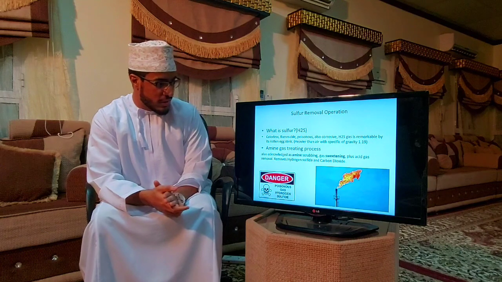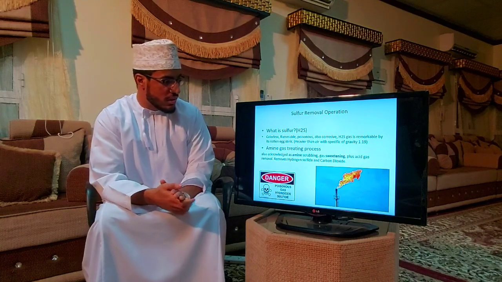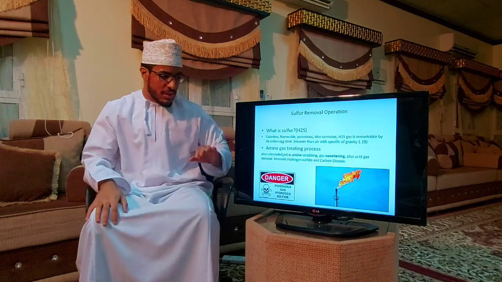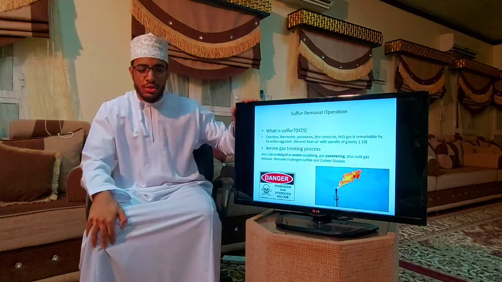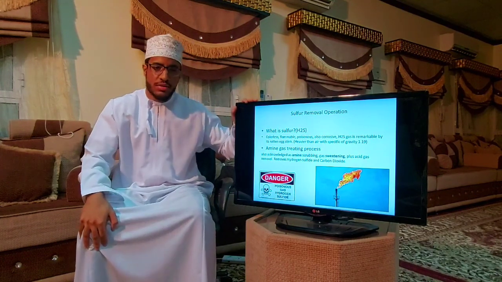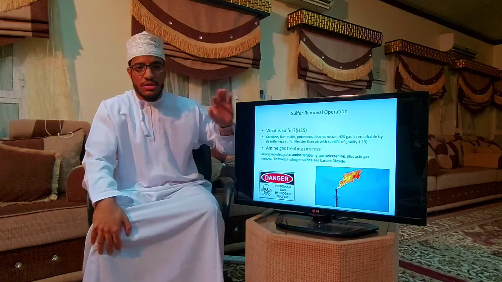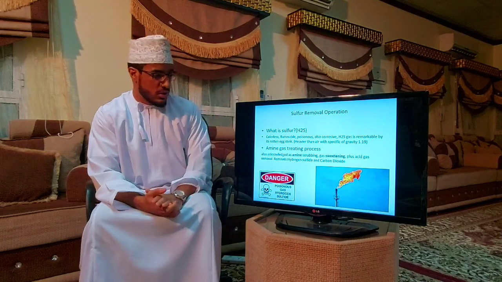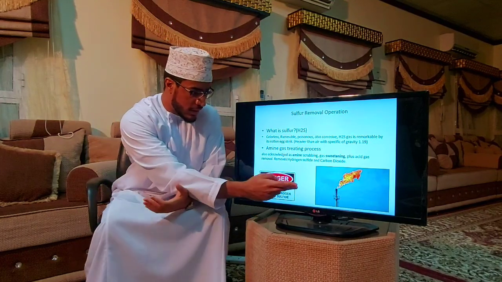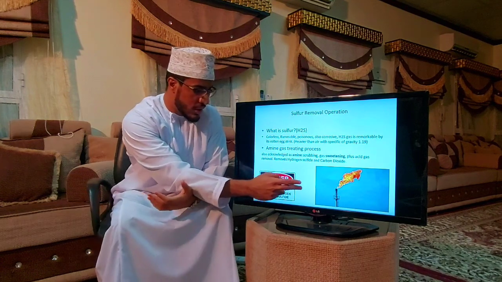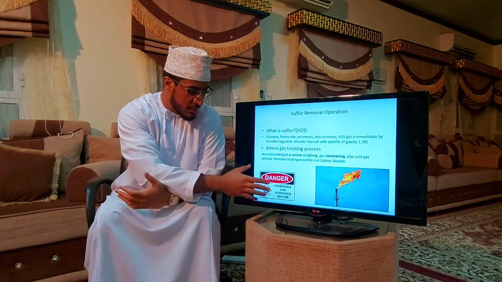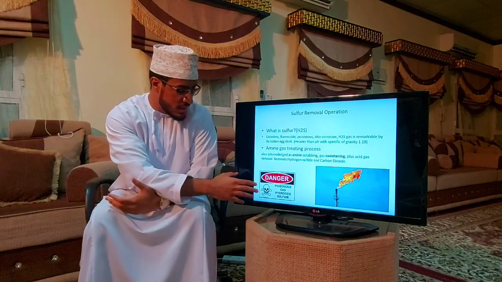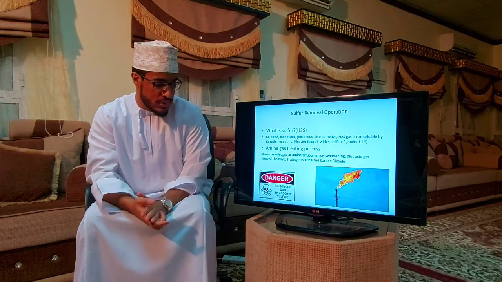Amine gas treating I will explain in the next few slides. The amine process is a solution to fight H2S, because H2S spoils the quality of the natural gas. This is the flaring that happens in oil and gas fields, and this is the sign that says poisonous gas and hydrogen sulfide.